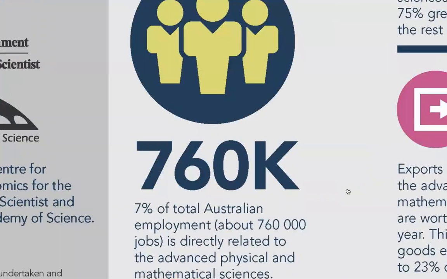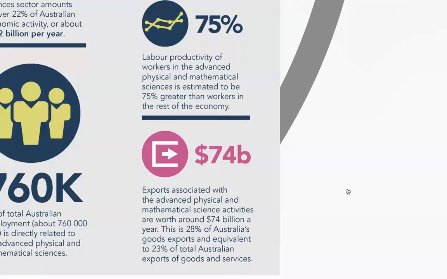Almost 1 million people employed in science and mathematical areas. Exports: one of the things that we do very badly in Australia is we often come up with really good scientific ideas and then we sell them overseas. Even though Cochlear is an Australian company, I think a lot of the money still goes overseas for that.